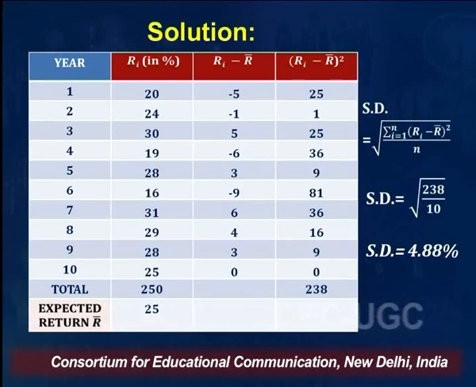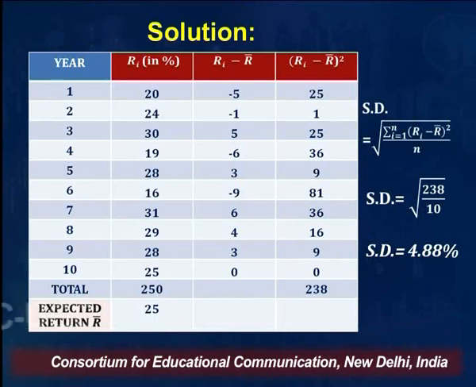So the very first thing is to calculate the expected return, because for calculating standard deviation you will require Ri minus R bar whole square. So the first step is to calculate the average return. How do you calculate the average return? Simply make the summation of the returns you are expecting: first year 20%, second year 24%, third year 30%, fourth year 19%, fifth year 28%, and so on up to the 10th year, right?